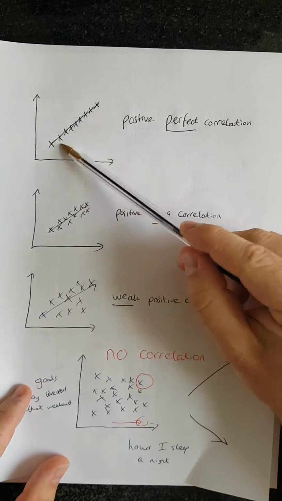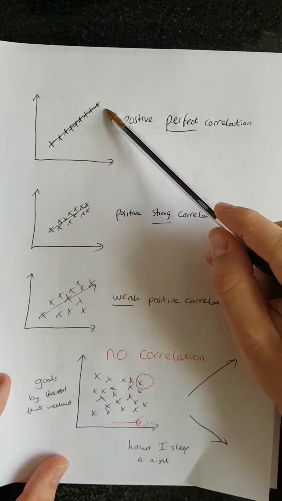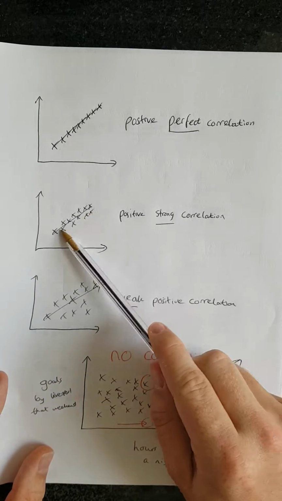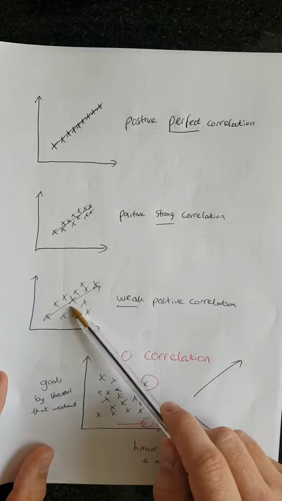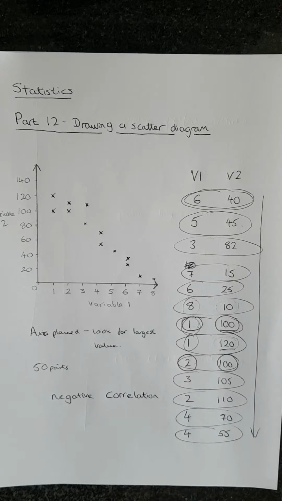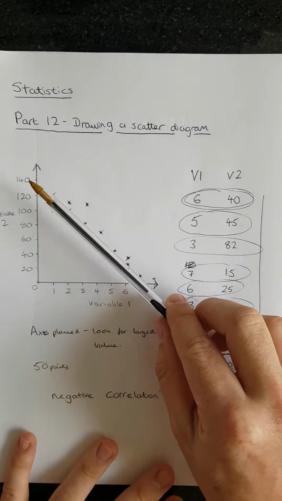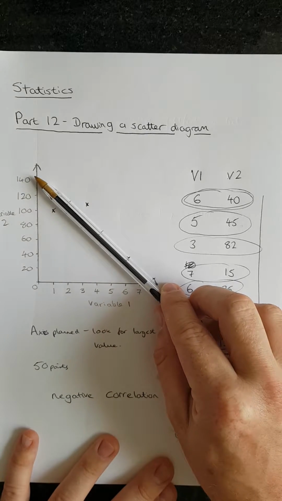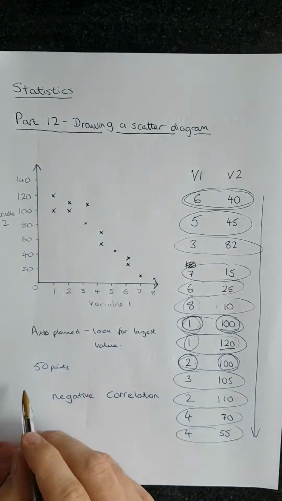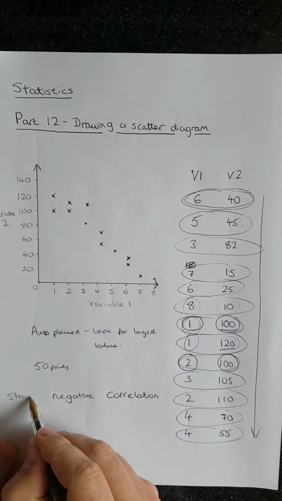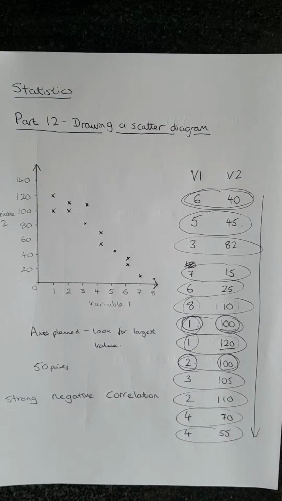Is it perfect? Are they all exactly in a line? Is it strong? Are they tightly along the line? Or is it weak? Well, let's use the pen here to kind of guess where the line would go. You can see it covers most of them. So I'm going to say that is strong negative correlation we've just found.